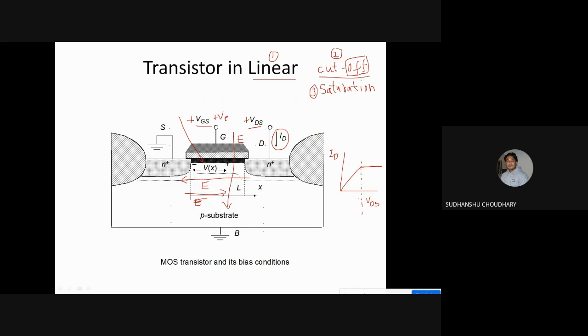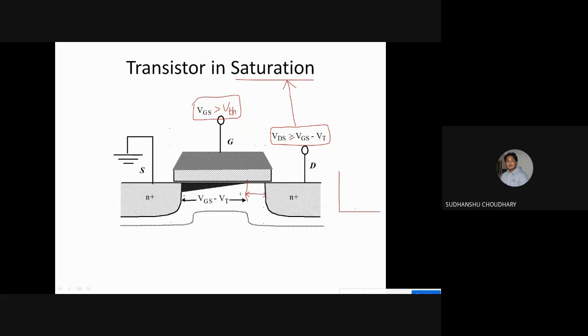So when VDS is increased beyond VGS minus VT, the channel is pinched off, the saturation region of operation comes into picture, and the current saturates. That is the saturation region of operation of the MOSFET.